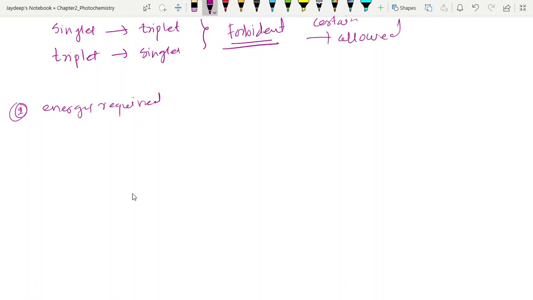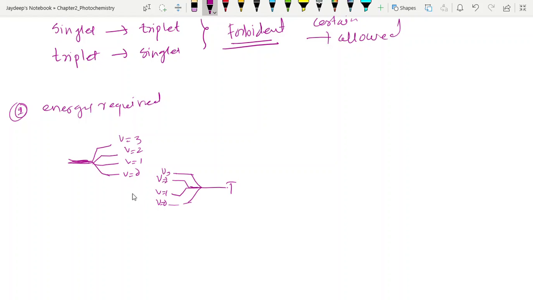Since each electronic energy level has different vibrational energy levels, this is V equal to 0, V equal to 1, V equal to 2, this is V equal to 3. Similarly, each triplet state is also a combination of different types of vibrational energy levels. So V0, this is V equal to 1, V equal to 2, V equal to 3.